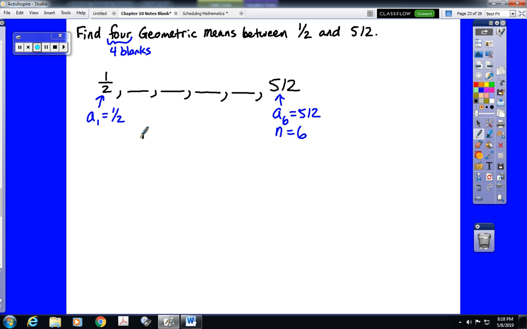So we plug into our equation a sub n equals a sub 1 times r to the n minus 1 power. In this case, if n is going to be 6, then a sub 6 would be a sub n. So 512 equals 1/2 times r to the 6 minus 1 power.